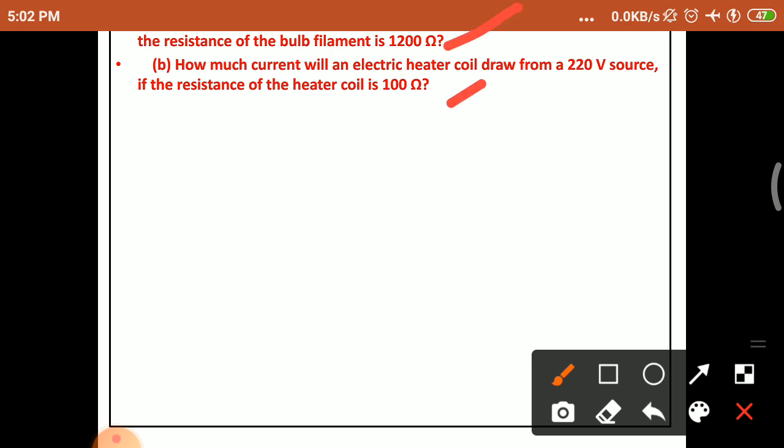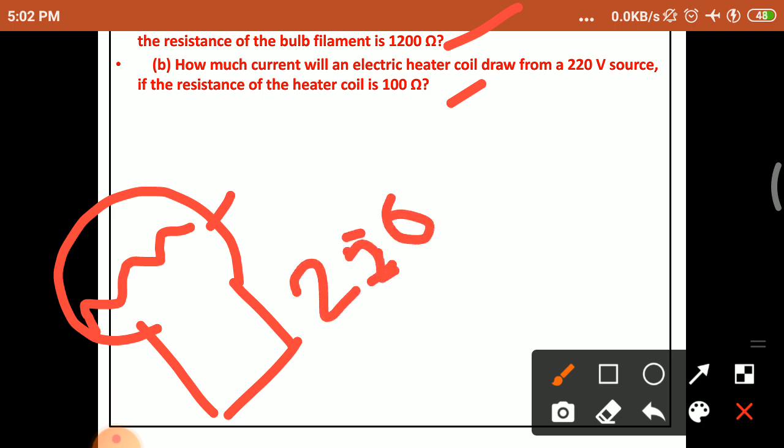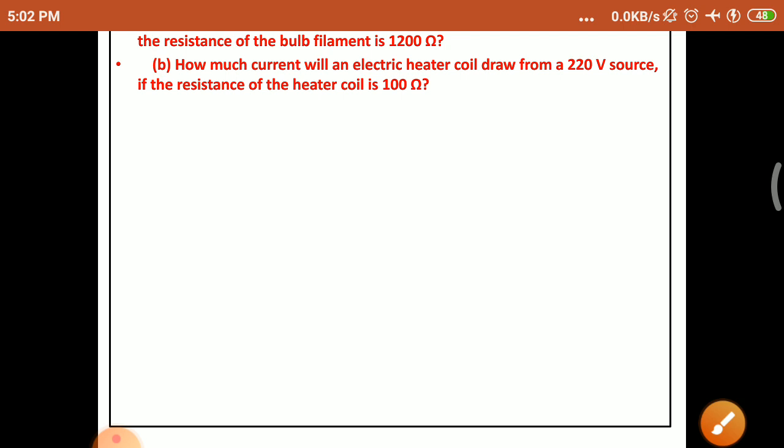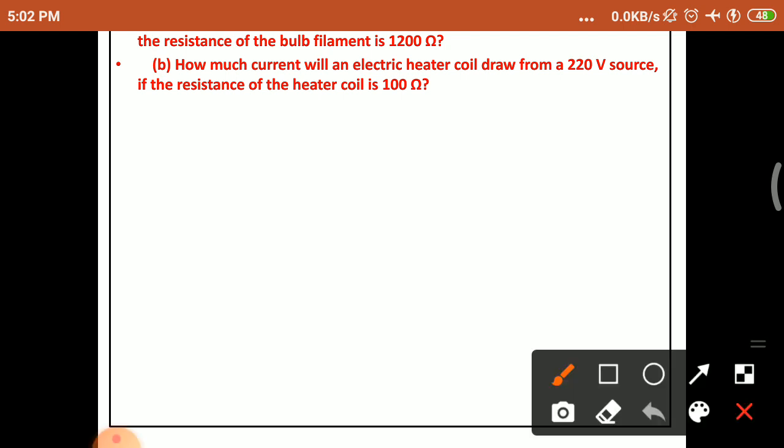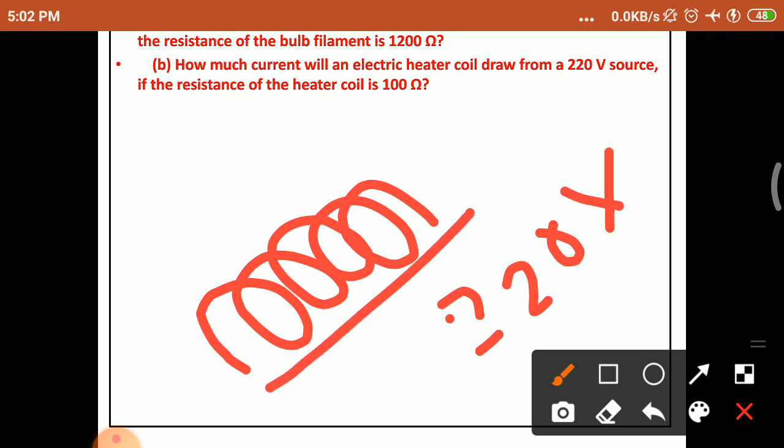One is the filament of an electric bulb, with 220 volt and a filament resistance of 1200 ohm. In the second question, the electric heater has a coil with 220 volt, and the resistance of this heater is 100 ohm.